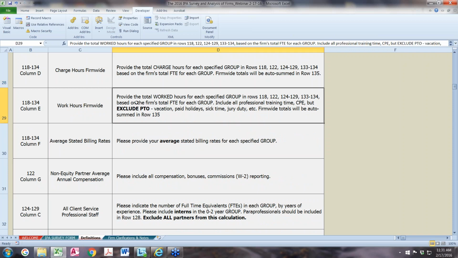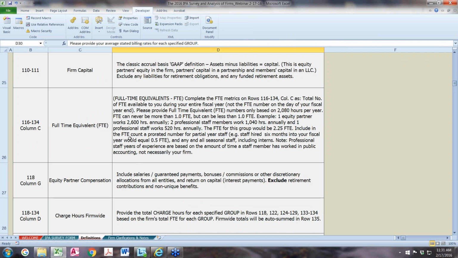We'll have equity partner compensation in row 118G, including salaries, guaranteed payments, bonuses, commissions, or other discretionary allocations from all entities, and return on capital, which includes the interest payments. Exclude any retirement contributions and non-unique benefits here.